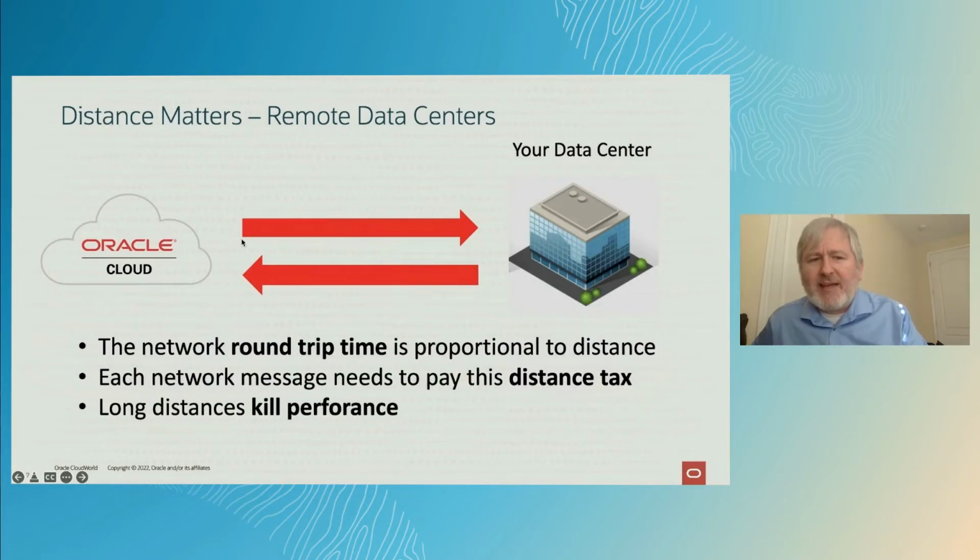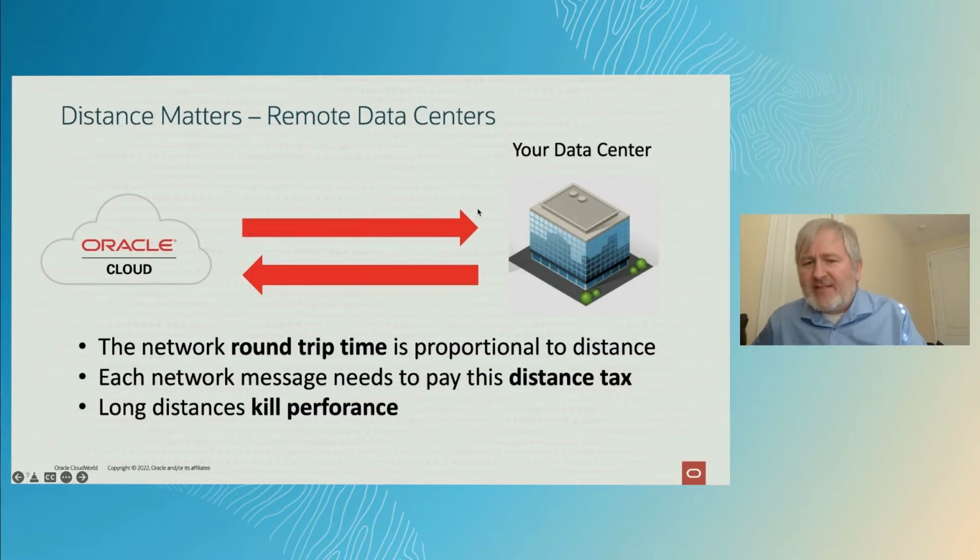What we're talking about here is distance matters for remote data centers. This is really about physics. The round trip time to send messages between one point and another and back again is directly proportional to the distance between them. It's physics.